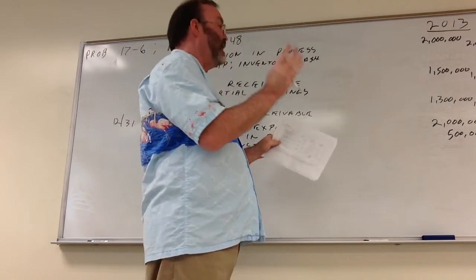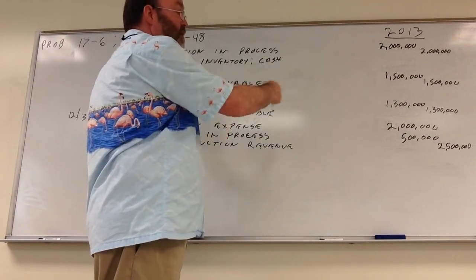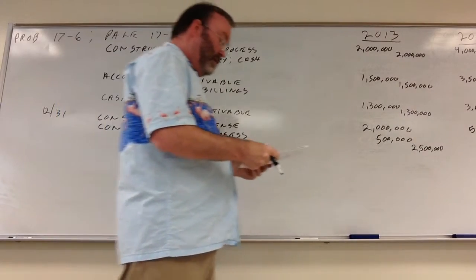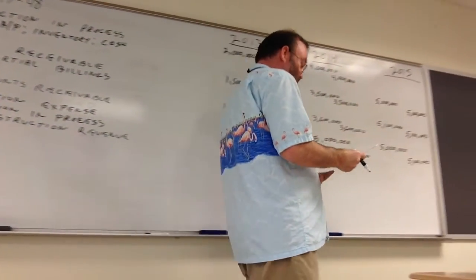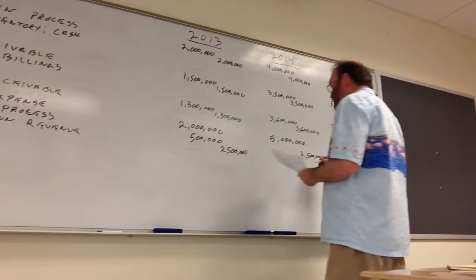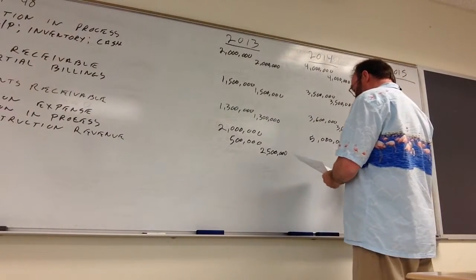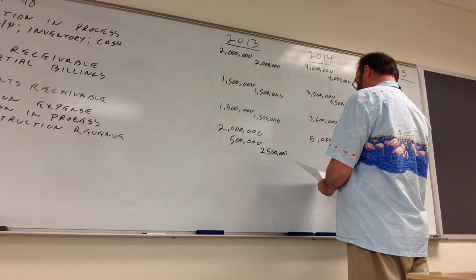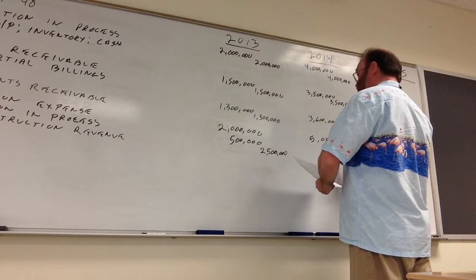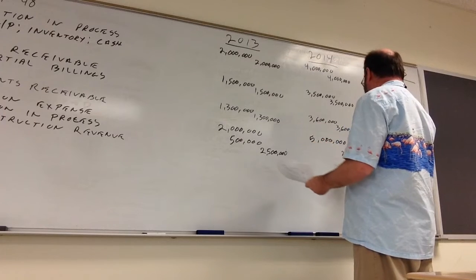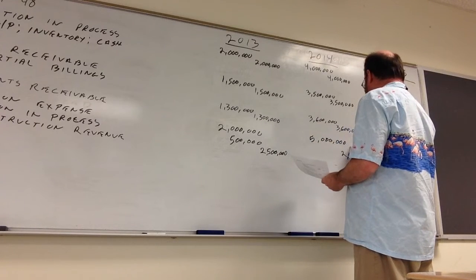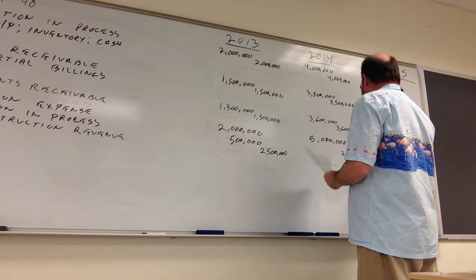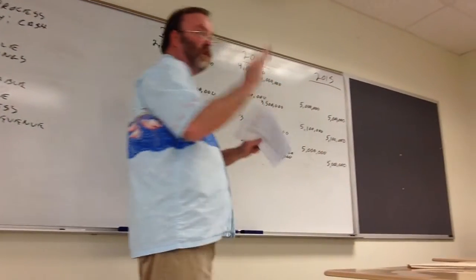So we need to take it from that $500,000 debit that we put in there to a total of $2,000,000 credit. So to get there, we need to credit it $2,500,000. Well, we need to wipe out the 500. So we're going to wipe this out by crediting it 500. That brings the inventory account to 0.